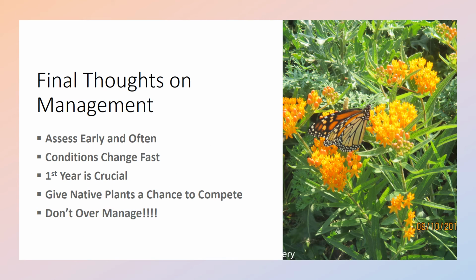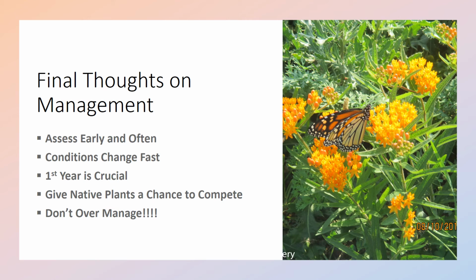Final overall thoughts on management. Assess early and often, making sure that first growing season you are on top of it as things start to grow, to make sure that you don't let it get out of hand before you can take care of potential issues.